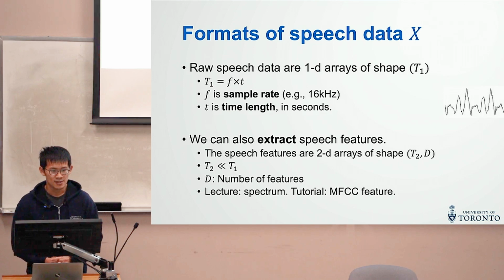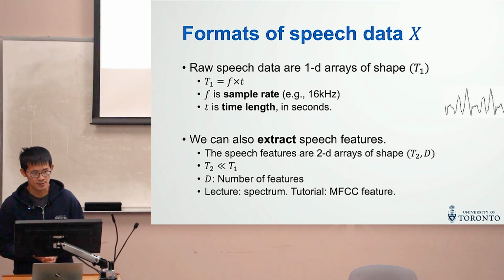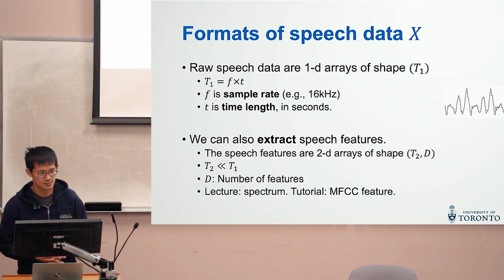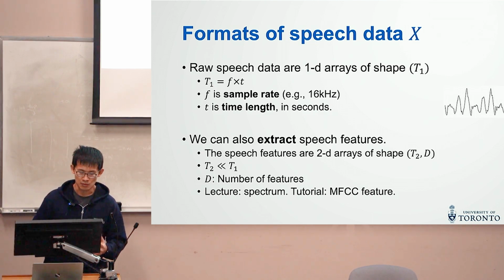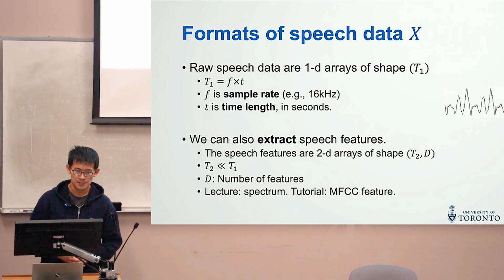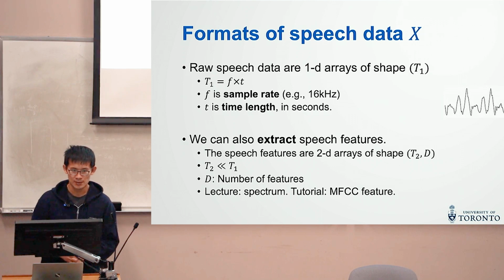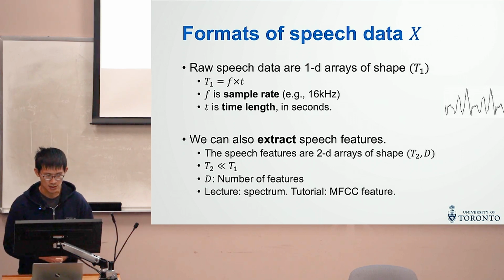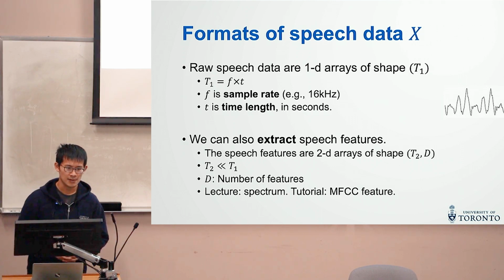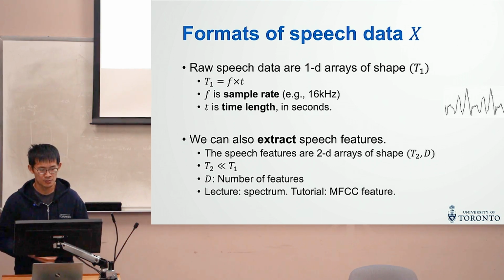And T is the time length. It is how many seconds you have in recording this speech data. So let's say you are recording at 16 kilohertz and you record for 2 seconds. Then the resulting speech data will contain 16,000 times 2 seconds, equaling 32,000 numbers. So this would be a one-dimensional array with 32,000 numbers.